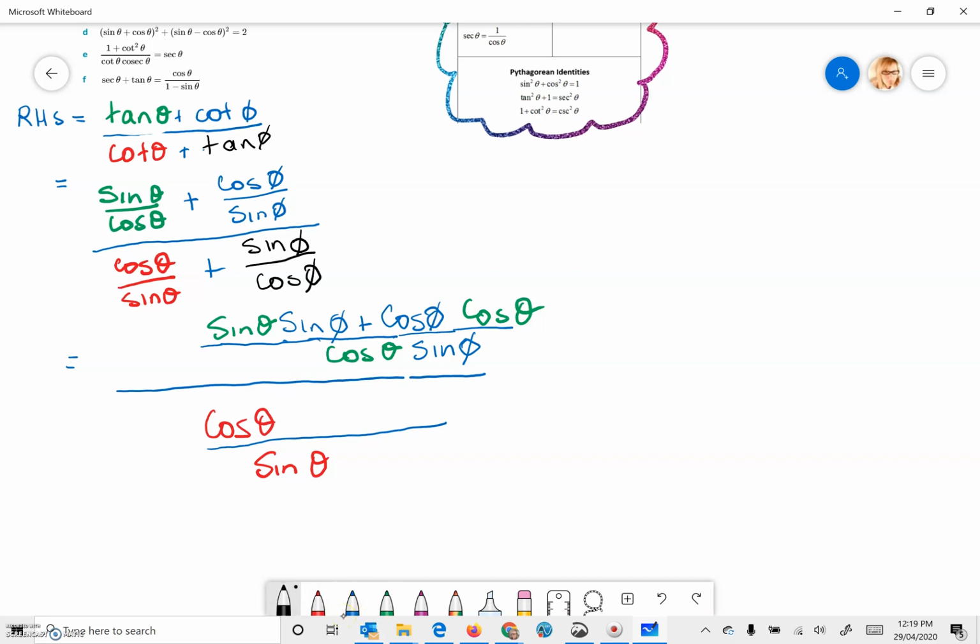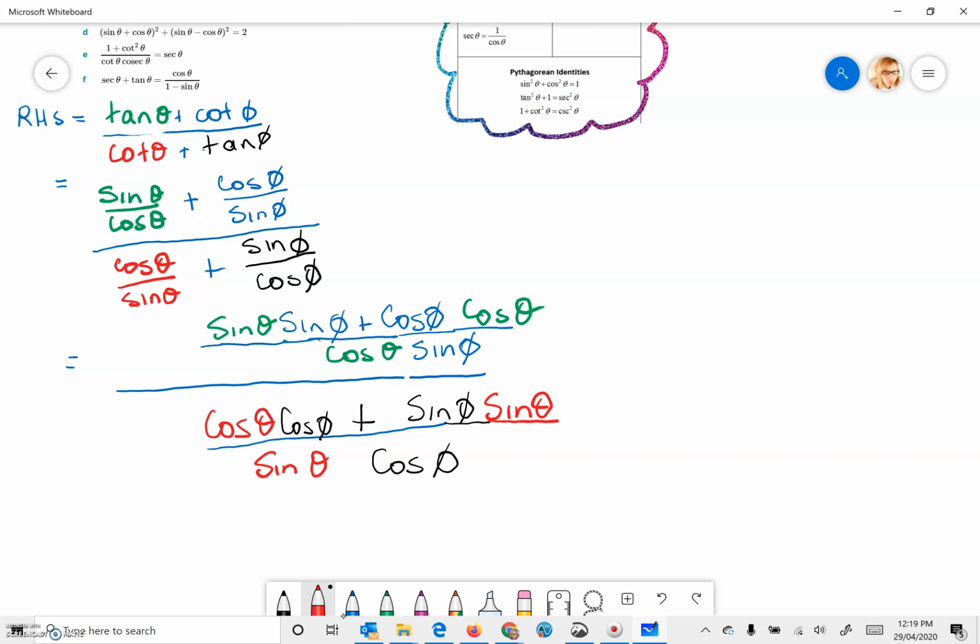Then over here we've got a sine, and we multiplied this side by cos. Looks a little bit interesting, doesn't it? What have we got here? We've got some cos, sine.